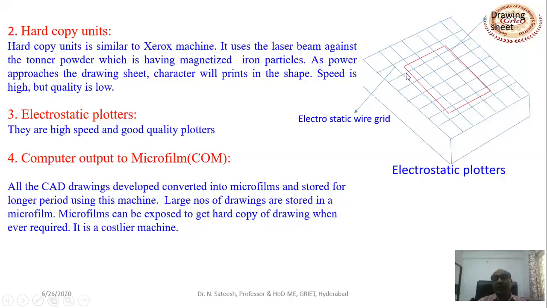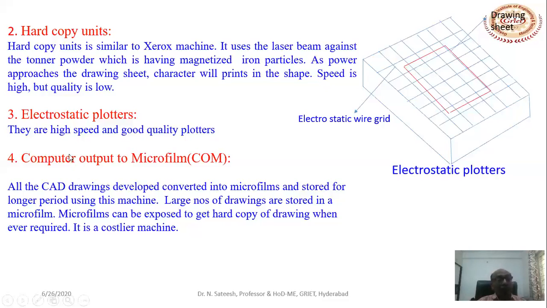Electrostatic charge is generated in the wires, and then the powder gets activated. The powder prints on the sheet as per the image on the computer screen or computer memory. So these are electrostatic plotters. They are high speed compared to the pen plotters, and quality is also good compared to the hard copy unit.